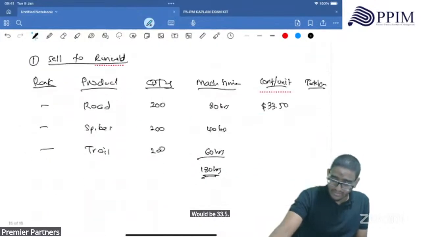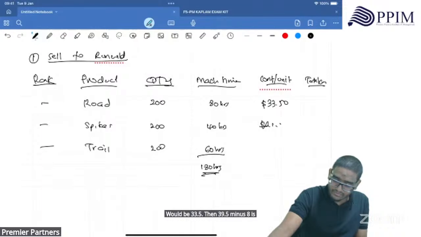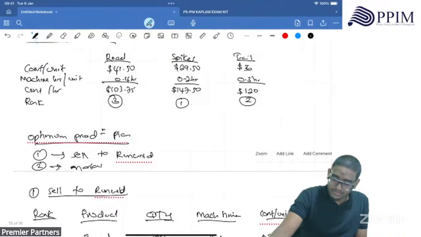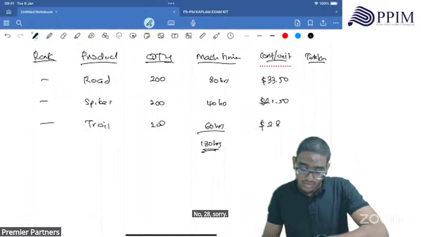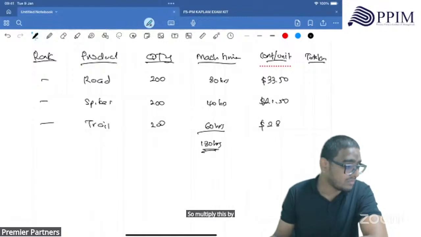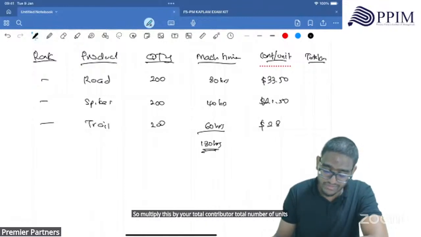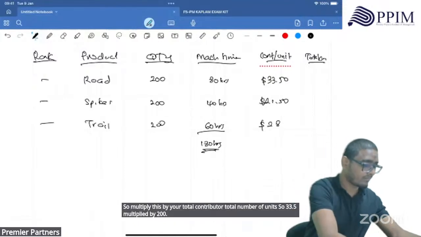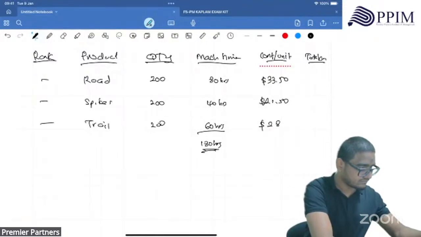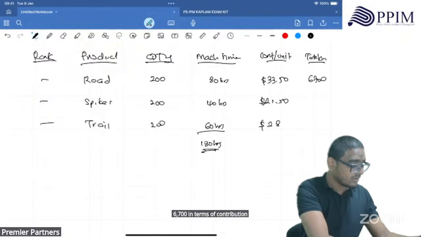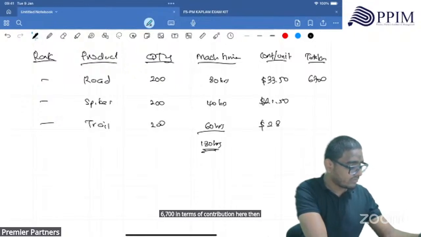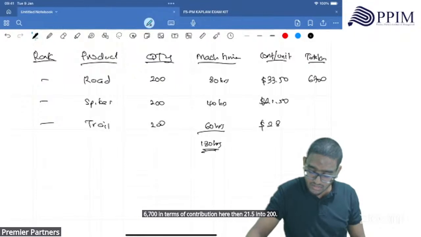Then 29.5 minus 8 is 21.5. And 36 minus 8 is 28. So multiply this by the total number of units. 33.5 multiplied by 200 is 6,700 in terms of contribution. Then 21.5 into 200 is 4,300.